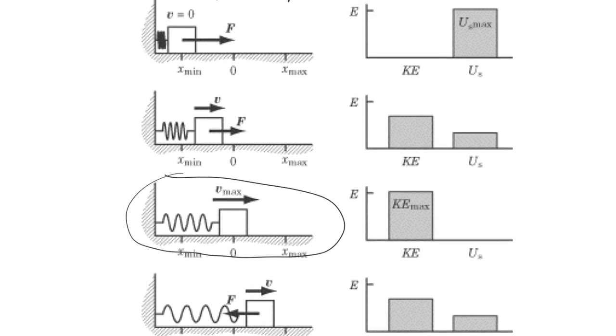So where it's relaxed, the spring has no EPE. We call this position the equilibrium position, where the delta x, the displacement from the rest position or equilibrium position, is 0. So it's at the rest position.